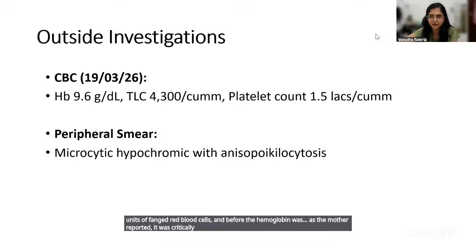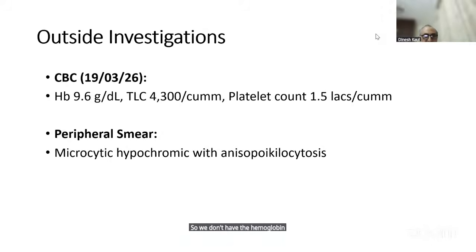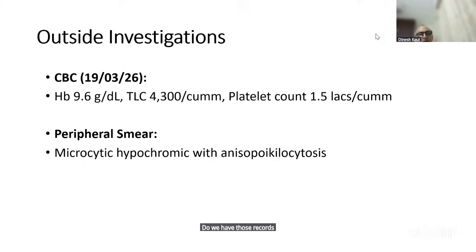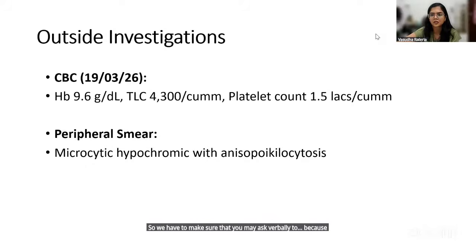But how low, we don't know. Do we have the pre-transfusion hemoglobin, any record of what it was when they transfused her blood? Sir, I'll have to check again. You may ask verbally, because definitely the parents will know.